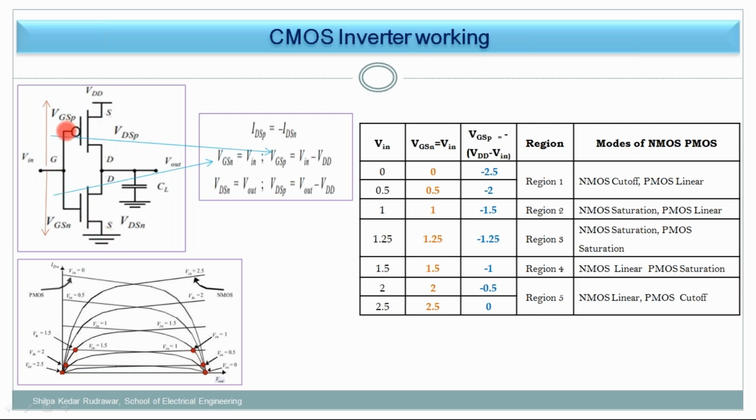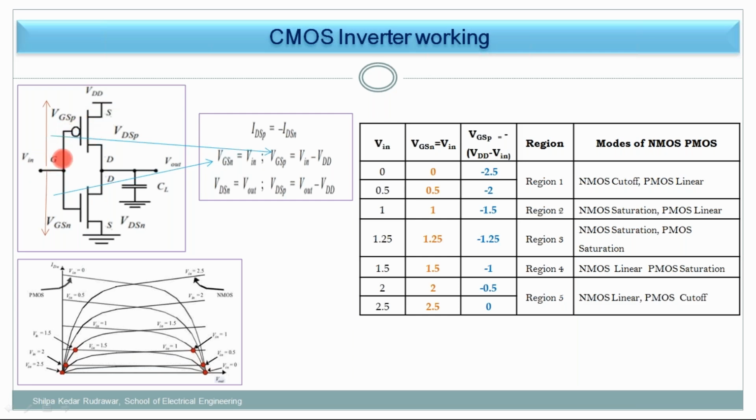If I want to say VGSP, I need to go from down to up, so VGS will be V in minus VDD, because over here I am going in this way. And if I want to say VSG in the normal way, that is VDD minus V in. So VDD minus V in is equal to VSG.